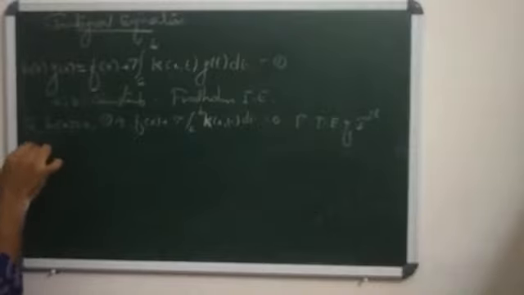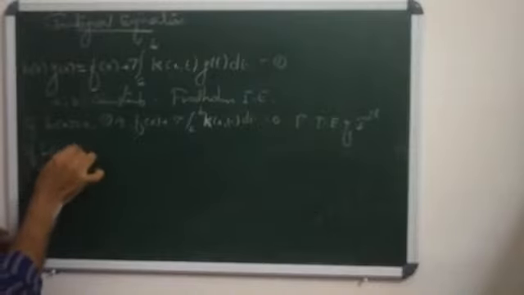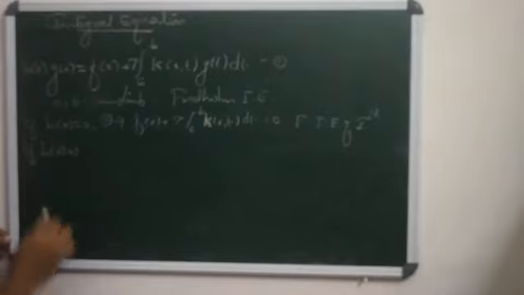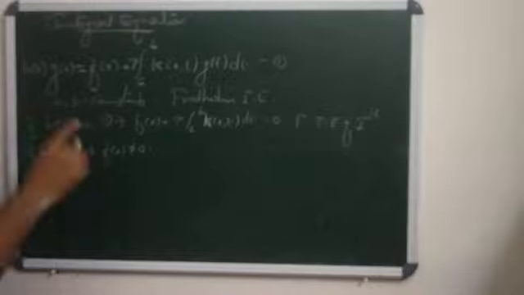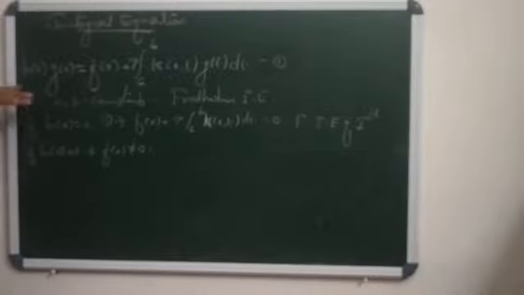Again, suppose h of x equals 1 and f of x differs from 0. Then integral equation 1 is said to be an inhomogeneous Fredholm integral equation of second kind.